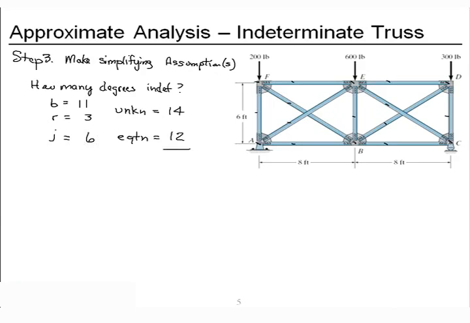Number of unknowns minus the number of equations gives me my degree of indeterminacy. Therefore, since we have 2 degrees indeterminate, we need 2 assumptions. What shall they be?